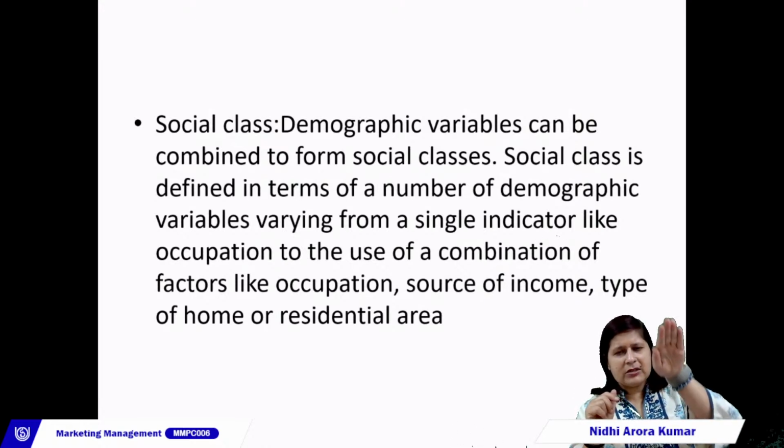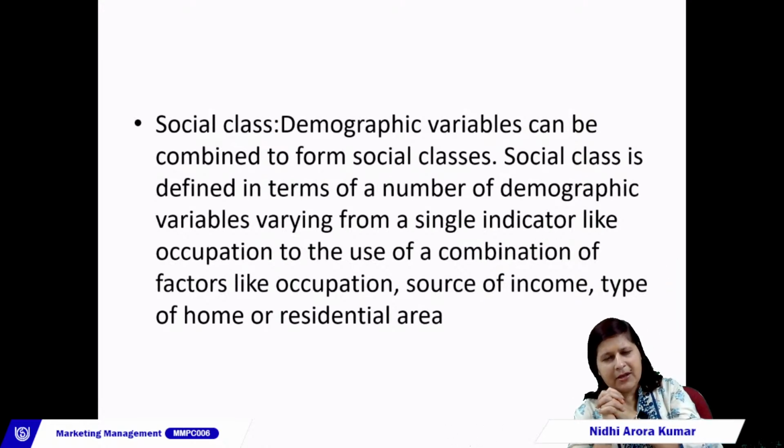Like the demographic variables we discussed, demographic variables can be combined to form a social class, right? We can combine various demographic variables to form a social class, like we can combine the occupation with the source of income. I want to offer my product to those doctors or those hospitals whose turnover is, say, more than 1 crore per month.